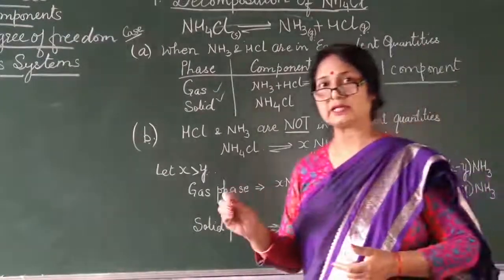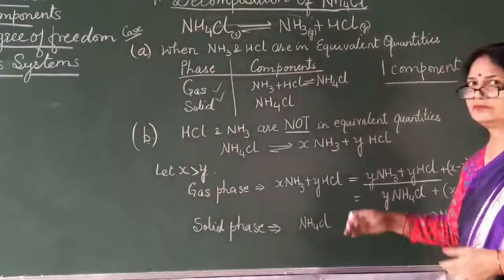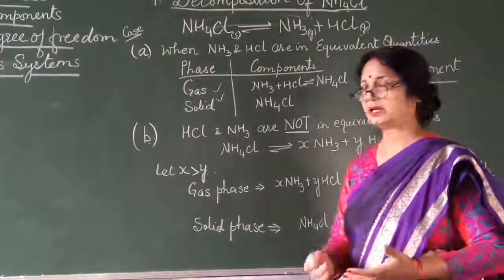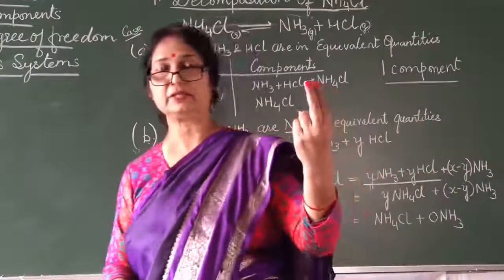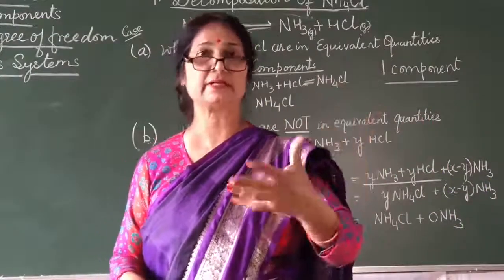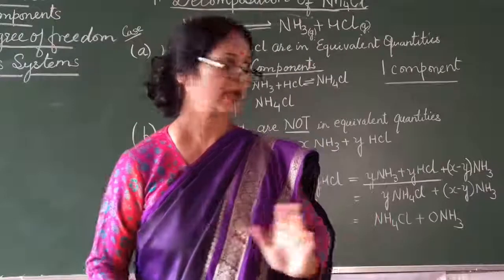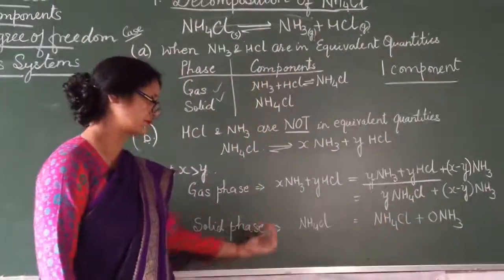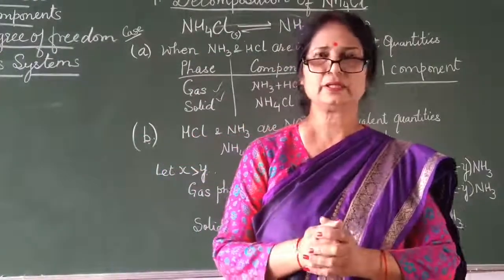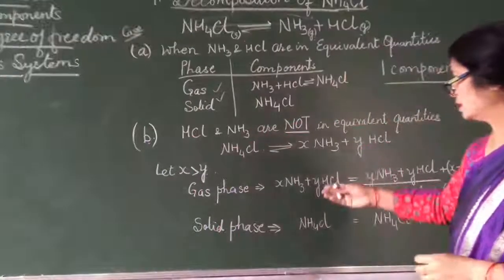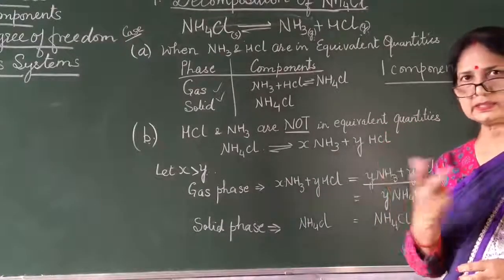But now taking the chemical entities as NH4Cl and HCl, in a similar manner we would have been able to express the gas phase by two chemical constituents. When HCl is present in excess, it would have been NH4Cl and X minus Y times of HCl, and the solid phase we could have expressed as NH4Cl plus 0 times of HCl. In this manner, we can express both the phases by taking two chemical entities.